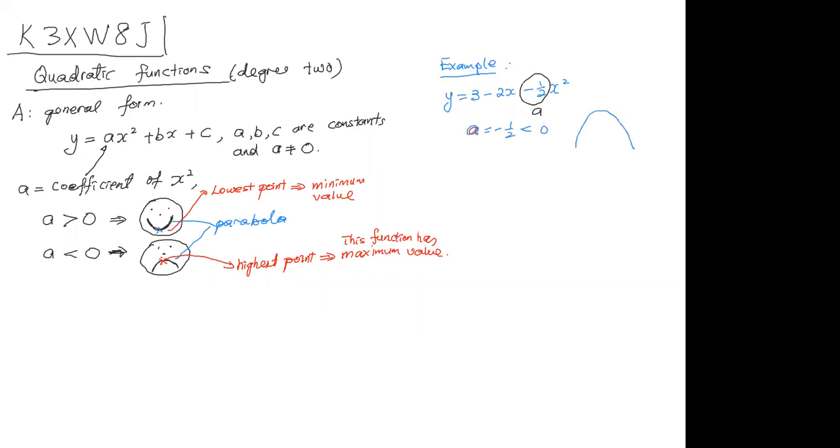This shape, we also have a special name for it. This one, we call it concave. If you learn physics, you will know. This one is called convex. Or concave upward, concave downward. You learn physics, right?